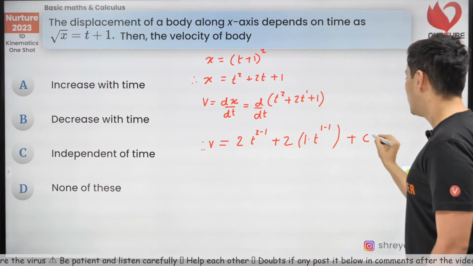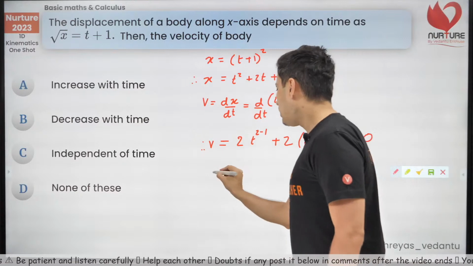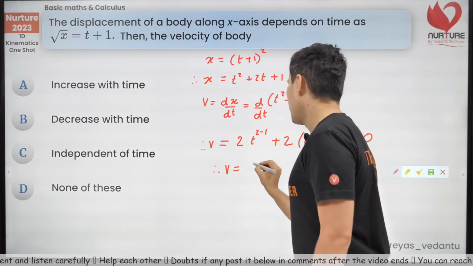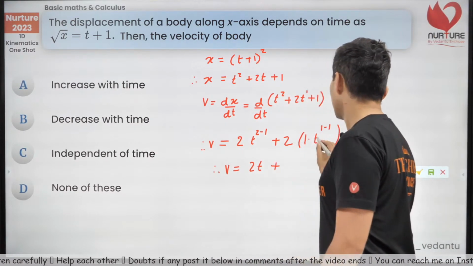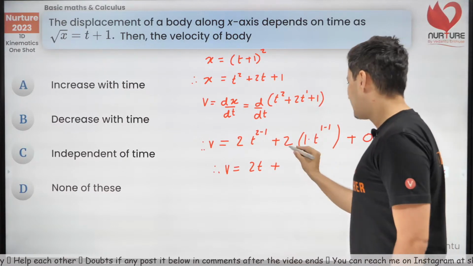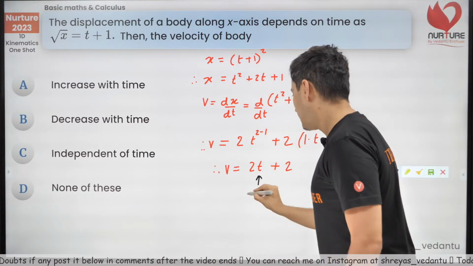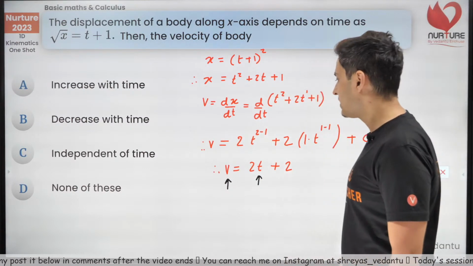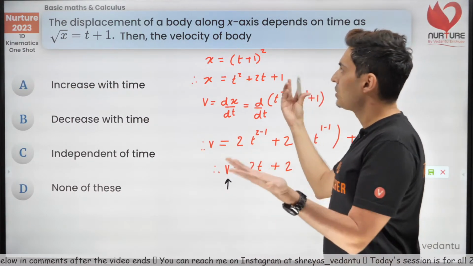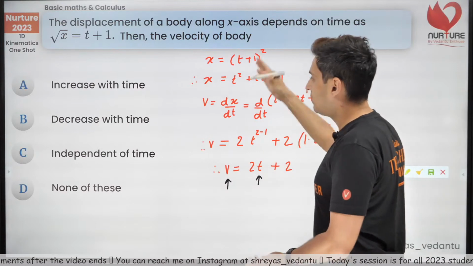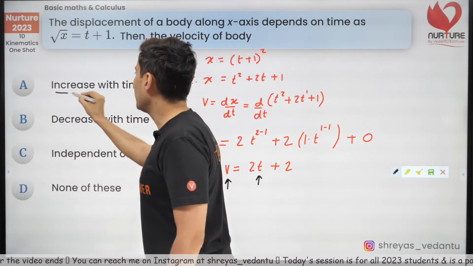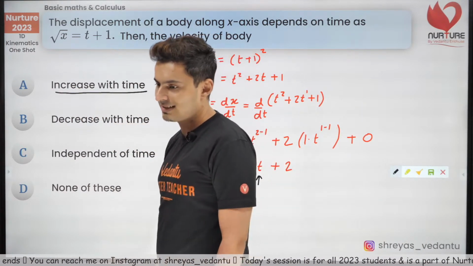Plus 1 is a constant, so its derivative is 0. So velocity is 2t plus 2. Don't you see, as time increases, velocity also increases. So it's obvious, hence it increases with time. As simple as that.